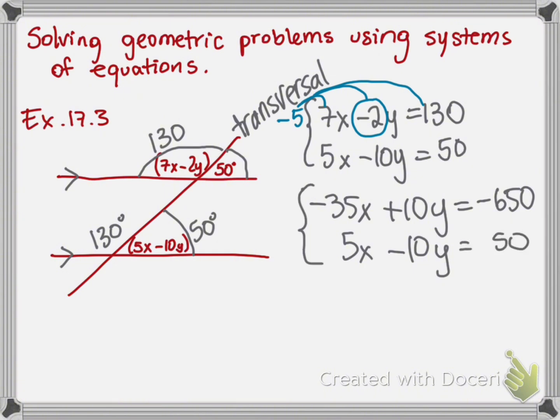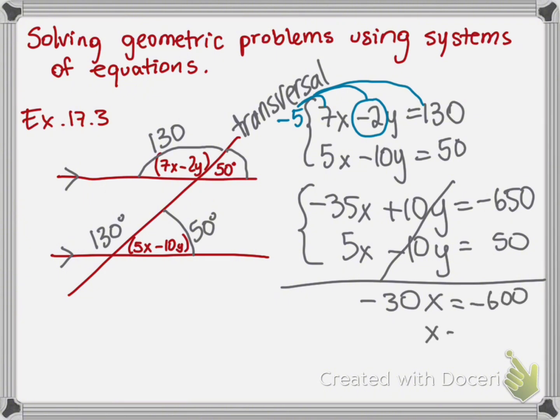And then we're just going to add. When I add these two, the 10 and -10 cancel. And -35x plus 5x equals -30x. -650 plus 50, the answer is -600, which again, if we divide, we are going to get 20.